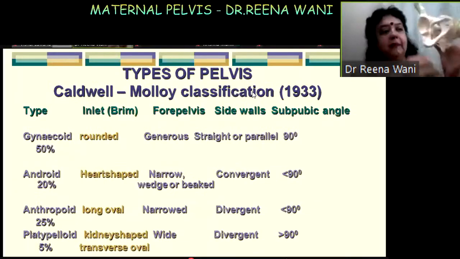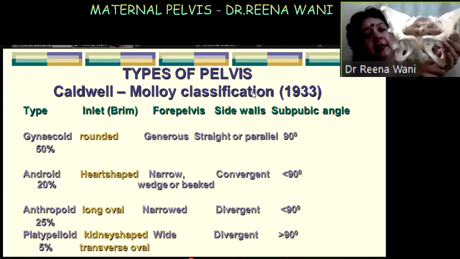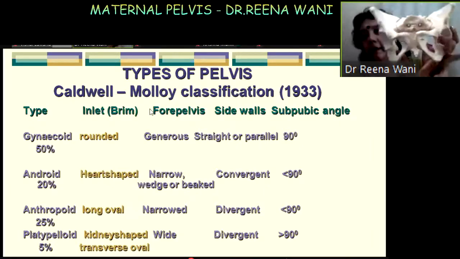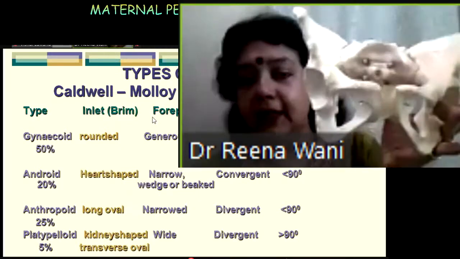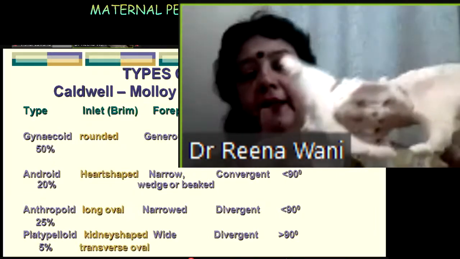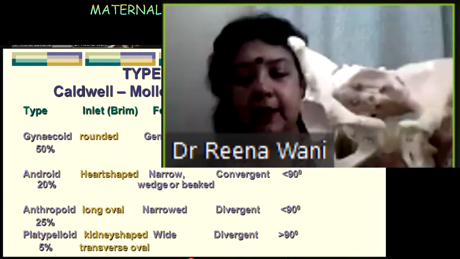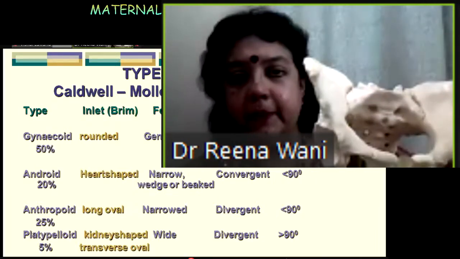Now, these are the 2 ischial spines which jut inside the mid pelvis. And these are important because they come to the plane of least dimensions. And the greater sciatic notch, where I'm putting my fingers in, is also described in the various pelvic types.